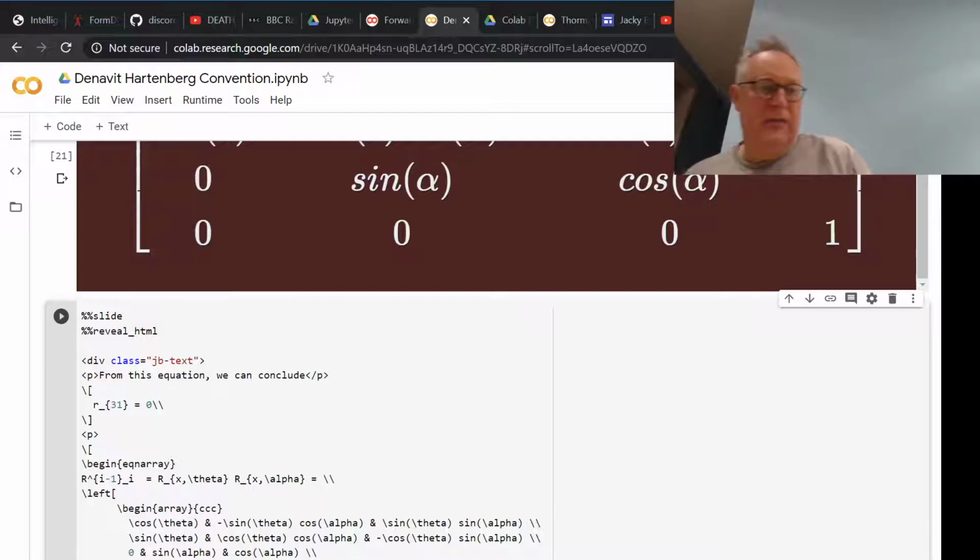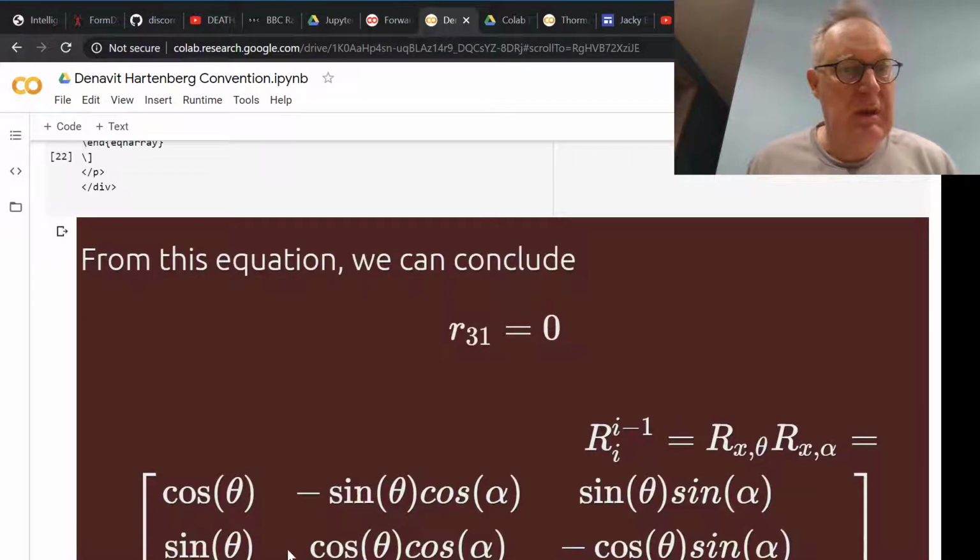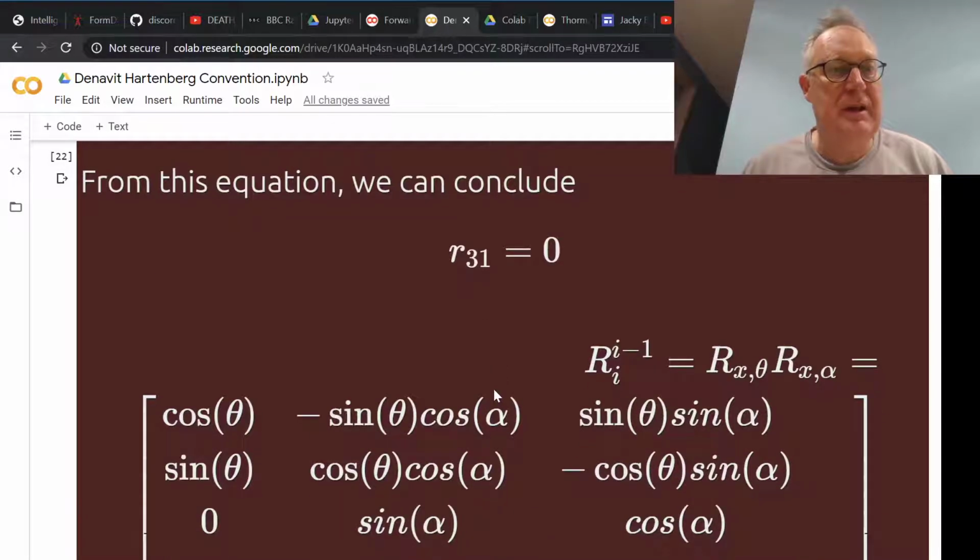And I guess I will use this opportunity to introduce you to a nice little Python package called SymPy. It is actually pretty neat. Here I have a fairly complicated matrix multiplication.